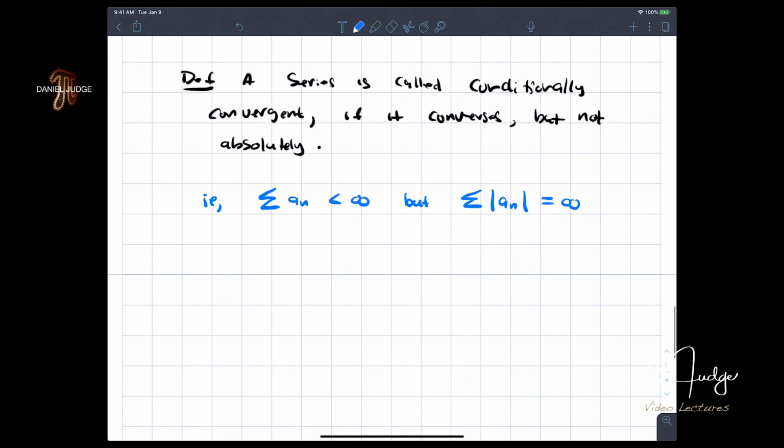The alternating series, alternating harmonic, is conditionally convergent. So it's conditionally convergent. Okay.